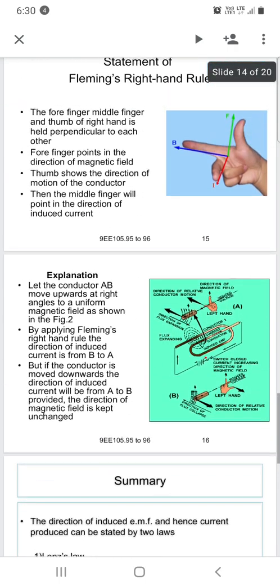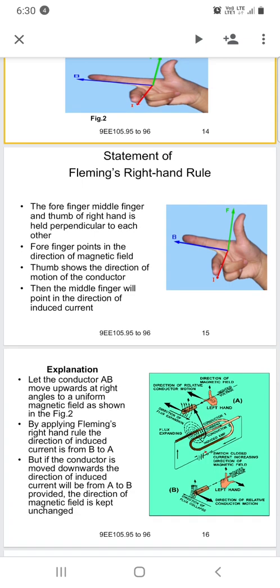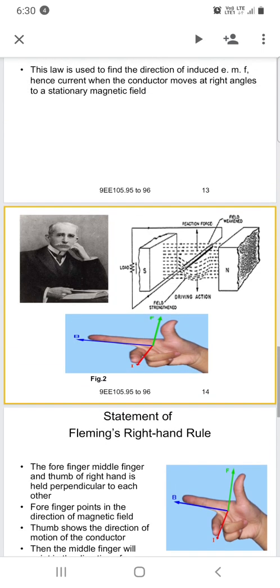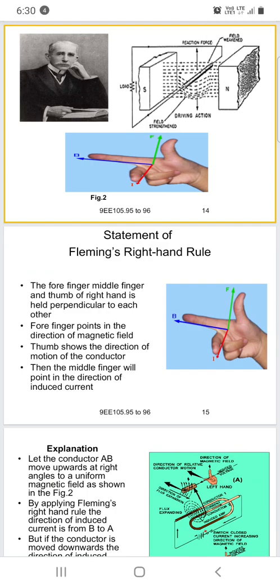We have to learn these, and in today's topic we will discuss Lenz's law and Fleming's right hand rule.